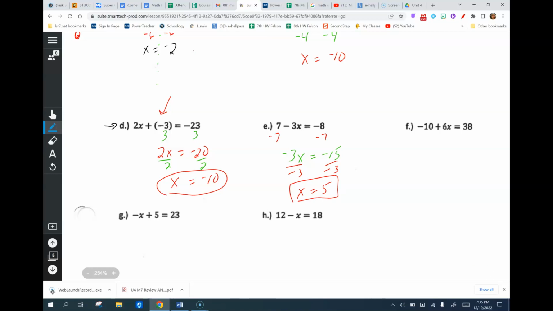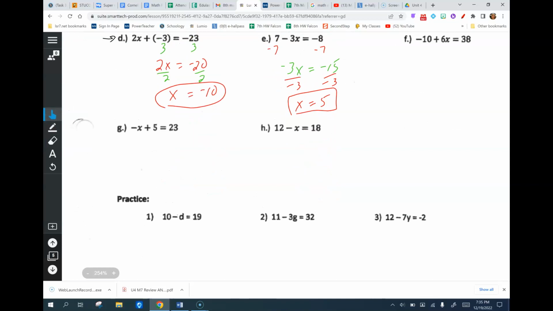Look at G with me. On G, I have negative x plus 5 is equal to 23. So we know we're going to get rid of the 5. We're going to subtract 5 from both sides. So then we get negative x is equal to 18.